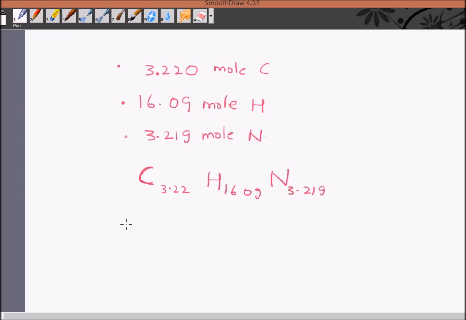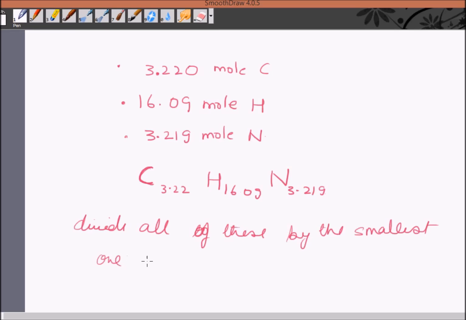So what would you do? We divide all of these by the smallest one. Which one do you find is the smallest? Let's divide one by one.